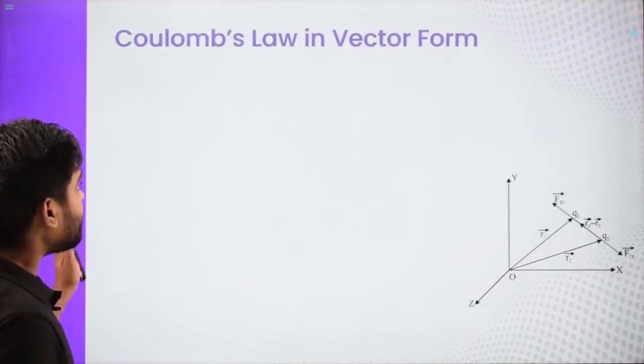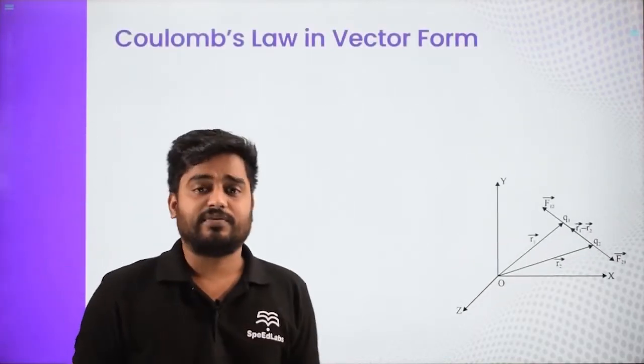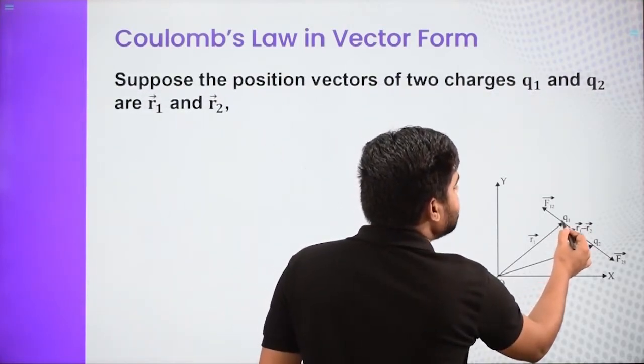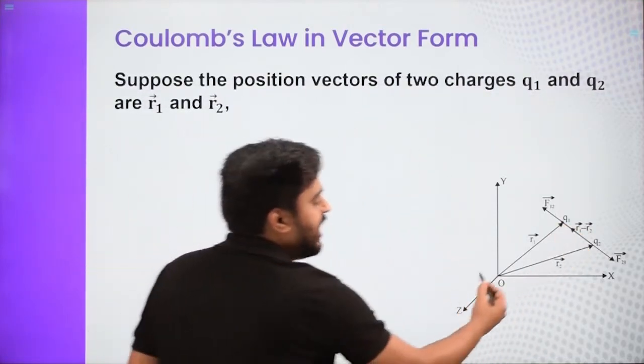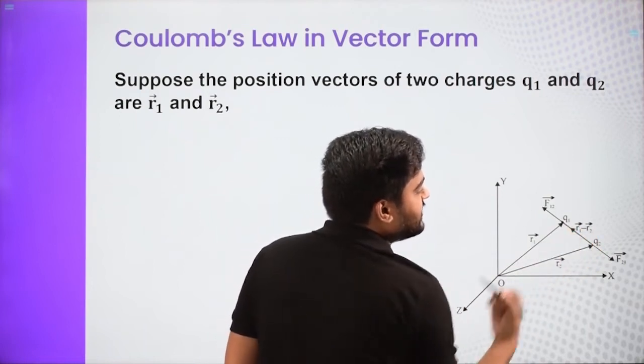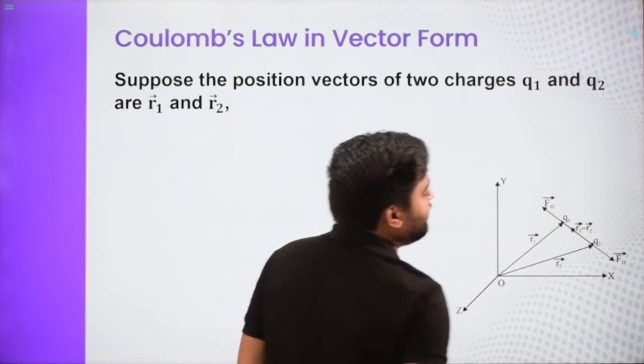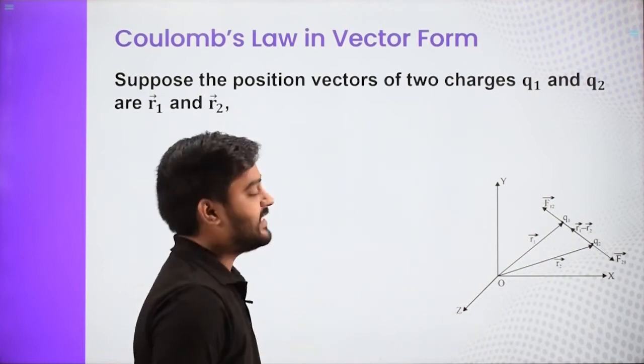Next is Coulomb's law in vector form. Let us say that we have two charges. Q1 is kept at R1 vector, the position vector of the point where Q1 is kept. Similarly, R2 is the position vector of the point where Q2 is kept.